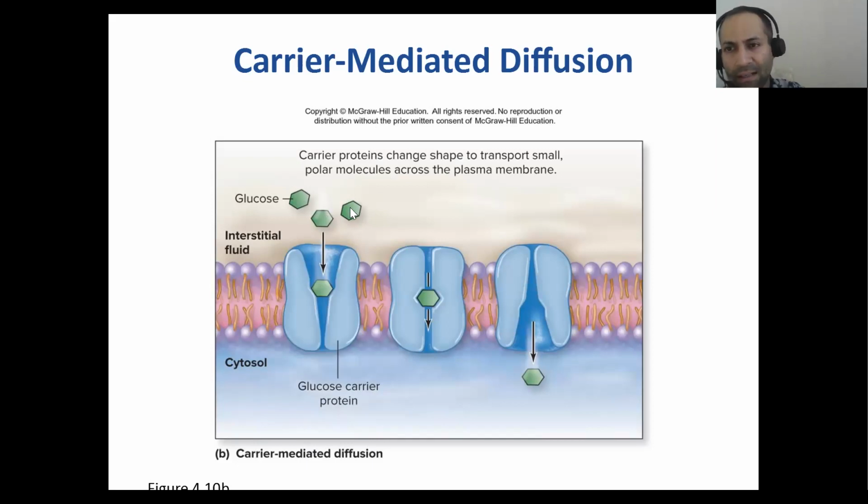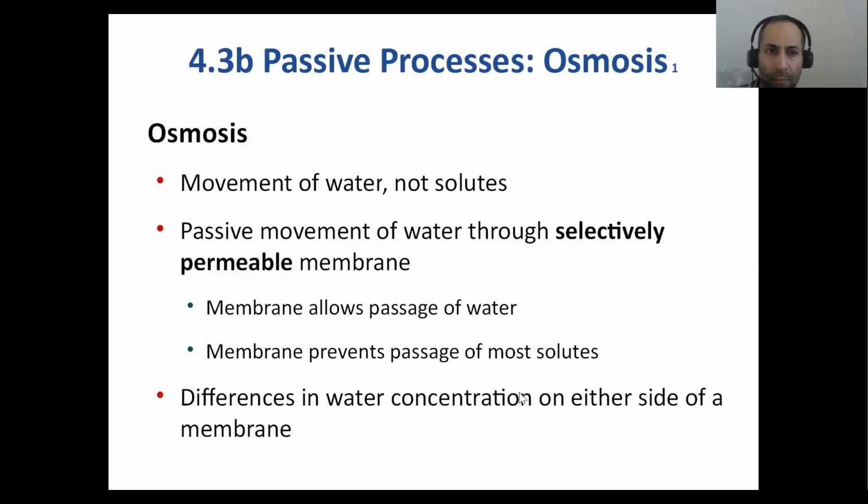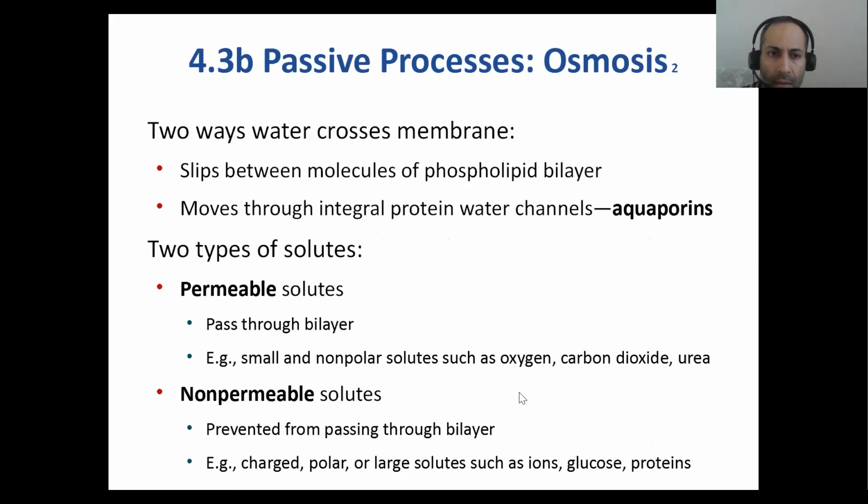Again, hexagons, 6 carbons, C6H12O6, 6 carbon sugar. So to move this sugar into your cells, you need this carrier protein, which takes up these sugar molecules or glucose one at a time, and passes them inside of the cell. So this is carrier mediated diffusion. It's still diffusion, but it needs a carrier, okay?